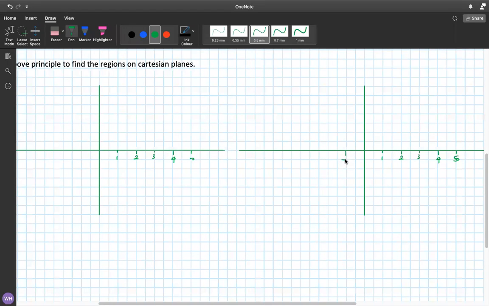Yes, -1, -2, -3, -4, -5, and -1, -2, -3, -4, right? I'm not interested about the y-axis, by the way. You can mark them as well, right?